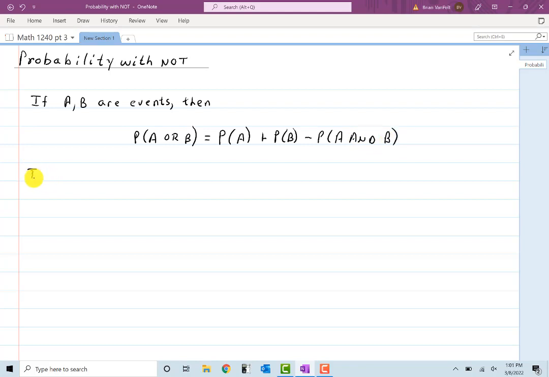Now, if A and B equals the empty set, then the probability of A and B, well, let me make my ands capital so that I'll write lowercase ands for other things.